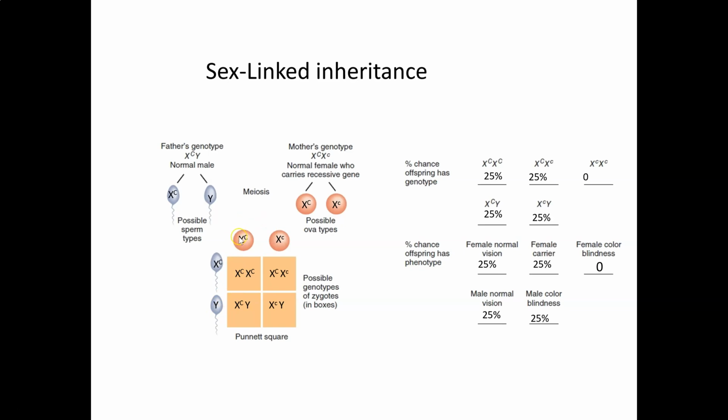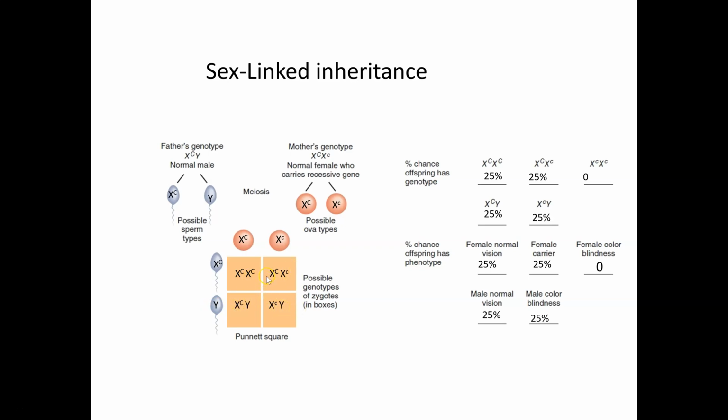Then you look at the combinations, one gamete from mom and one from dad. The top row gets two copies of X, so those are all female offspring, and the bottom row gets a copy of the Y chromosome from dad, so those are all male offspring.